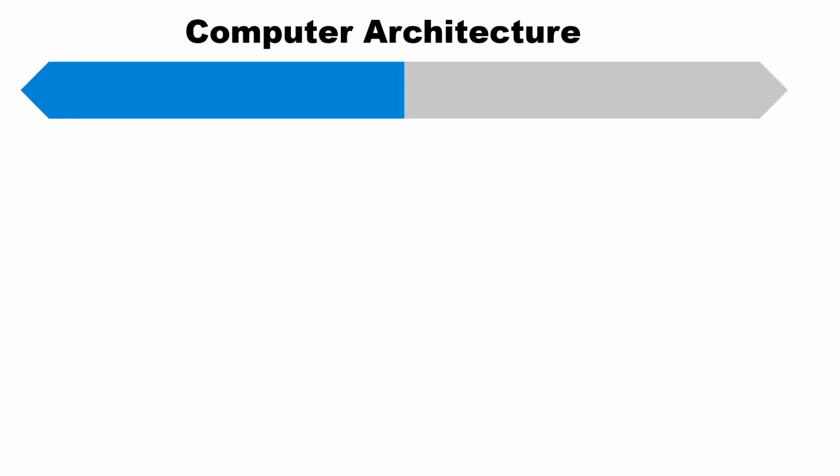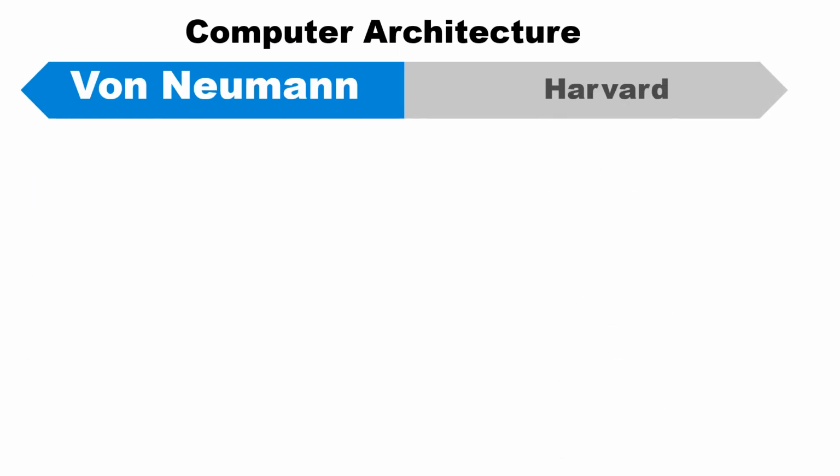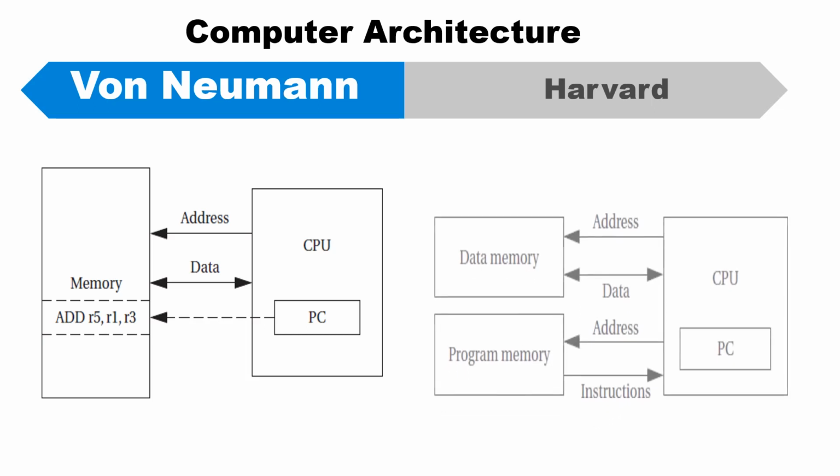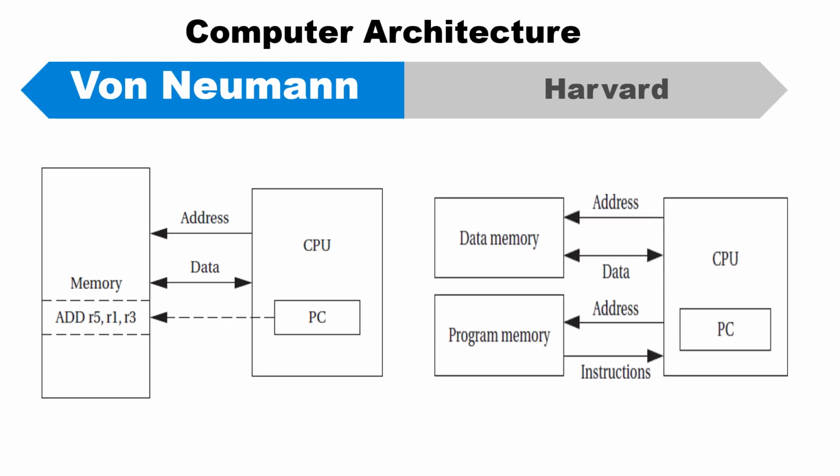So before getting to the topic, we can have a refresher discussion on computer architecture. Basically, we have two types of architecture. One is von Neumann and another one is Harvard architecture. In von Neumann, you have the same memory for address and data in a single block, whereas in Harvard architecture, you have separate memories for data and program.